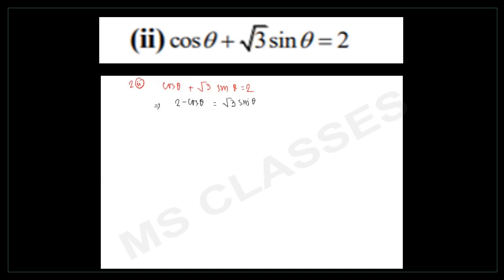Now to bring all of them in the same format, we'll square both sides. So 2 minus cos theta whole square equal to root 3 sine theta whole square. This is basically squaring both sides.